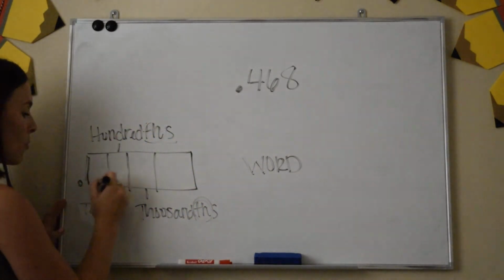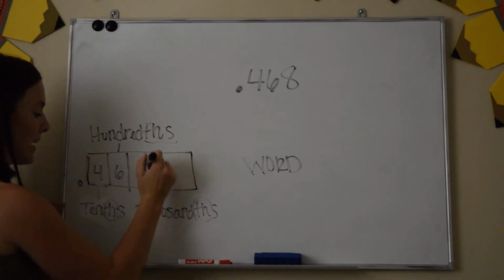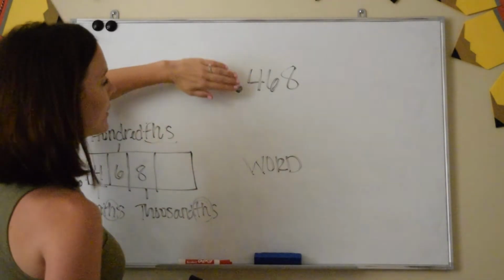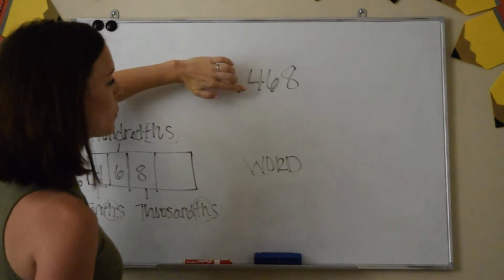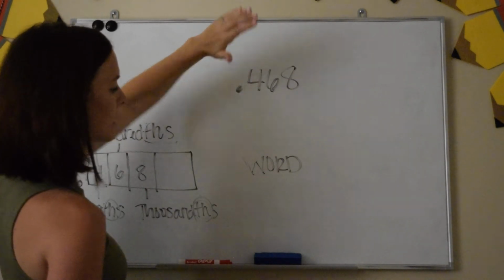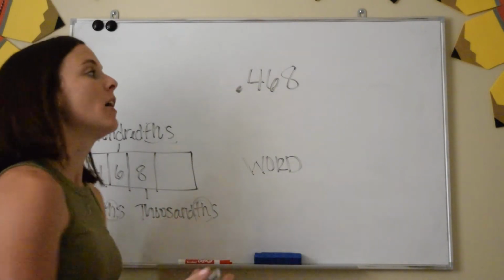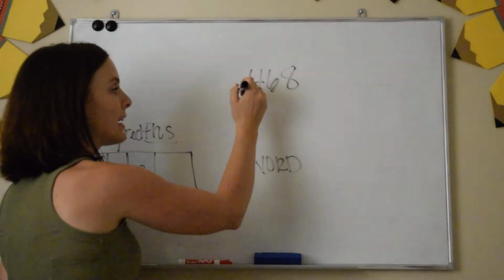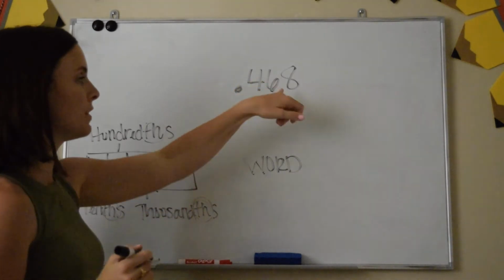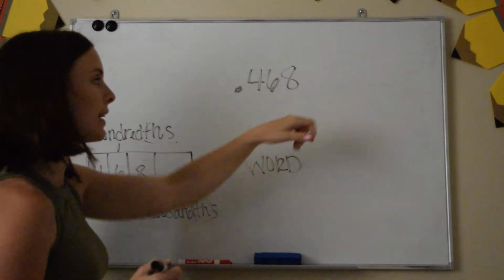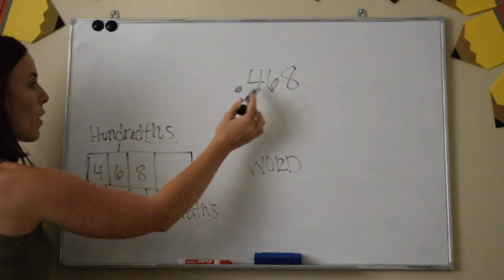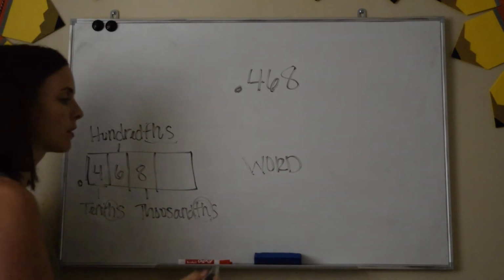So I have the decimal, and then I have a 4, a 6, and an 8. Now, how would you say this normally if you didn't have a decimal? If it was 468, that's how you would say it, 468. The only thing that changes, because there's a decimal now in front of it, you need to emphasize where that last digit lands, what place is it? It's 468 thousandths.